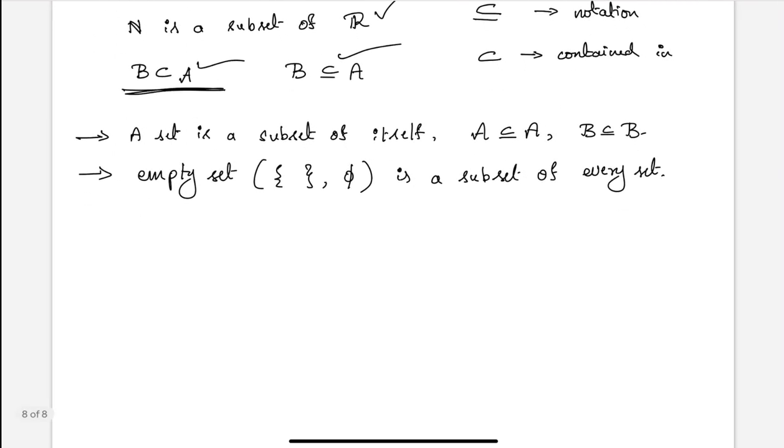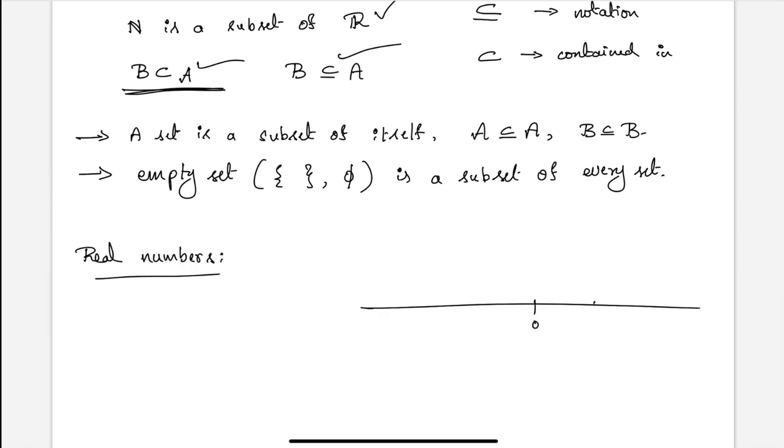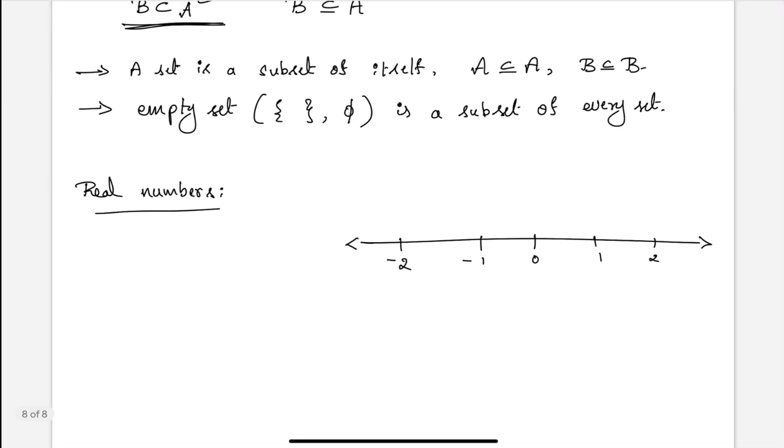So when I come to real numbers, you will be denoting a real line like this, right? Okay, if I now write a set, I'm collecting all the elements of the reals which are lying between -1 and 1.